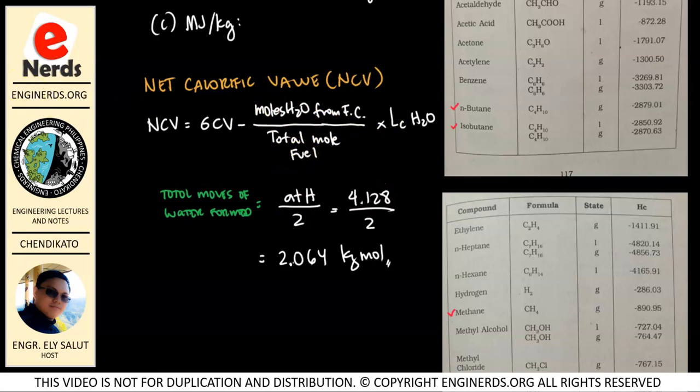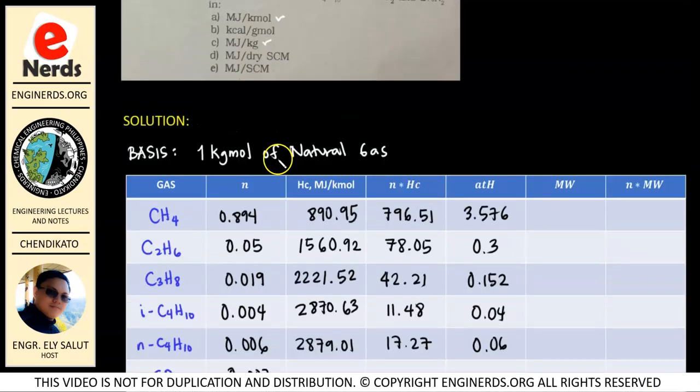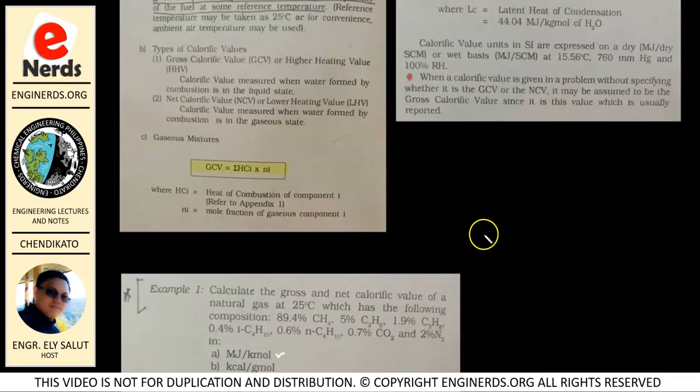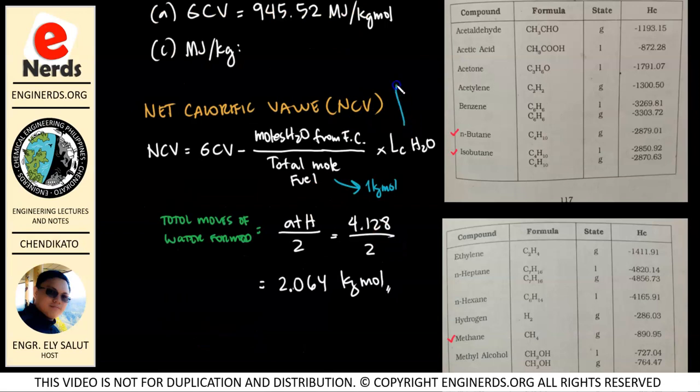Yung total mole of fuel naman natin, alam natin yan. This is our basis, no? So, this is 1 kilogram mole. And yung LC ng water, kanina, pinakita na natin yan, ano, sa ating given dito. Our LC of water is this, 44.04 megajoule per kilogram mole of water. Okay? So, we know the value of LC. Diba?